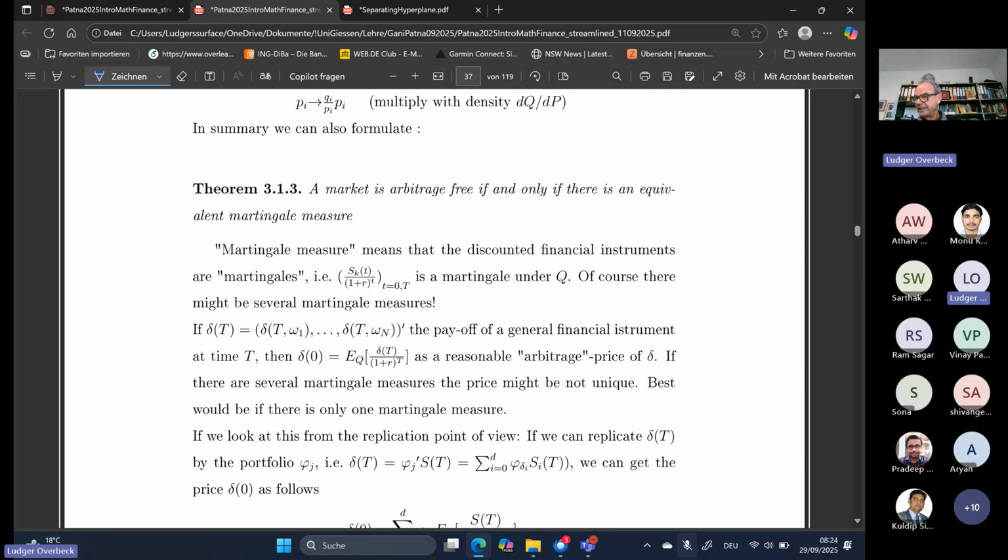So here we state a market is arbitrage-free if and only if there is an equivalent martingale measure. And martingale measure means that the discounted financial instruments are martingales. This means S^k_t, asset number k at time t, divided by the interest rate, this means discounted, is a martingale under Q. In this case, we have only 2 points in time.